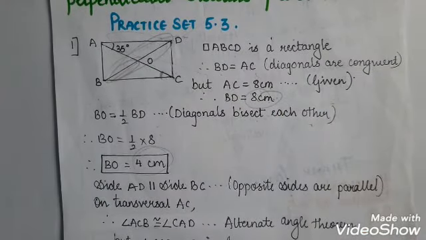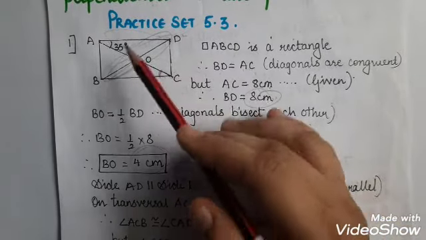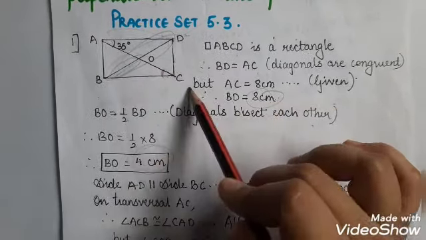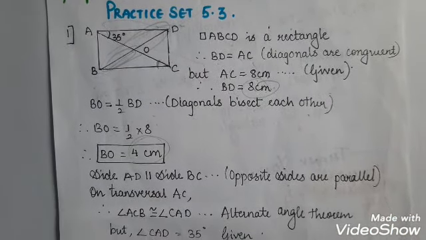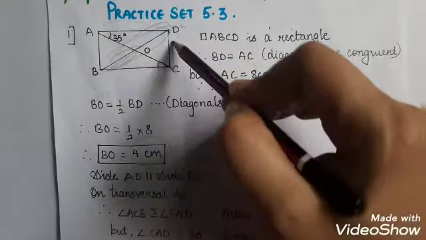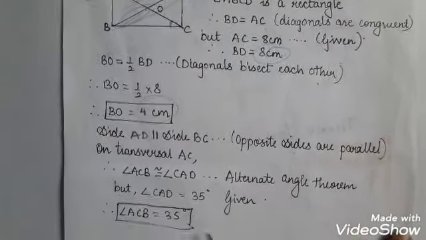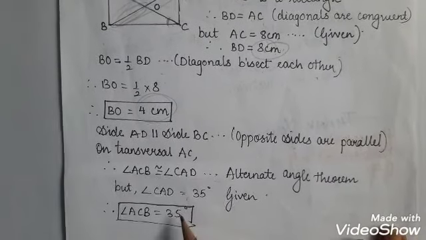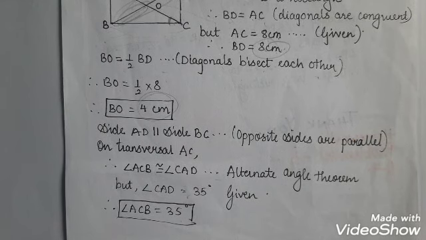So they form alternate angles. I have to show how they form alternate angles. So AD is parallel to BC and AC is a transversal. So angle CAD and angle ACB are congruent, by the alternate angle theorem. CAD is 35, given. So ACB is also 35 degree. Okay.